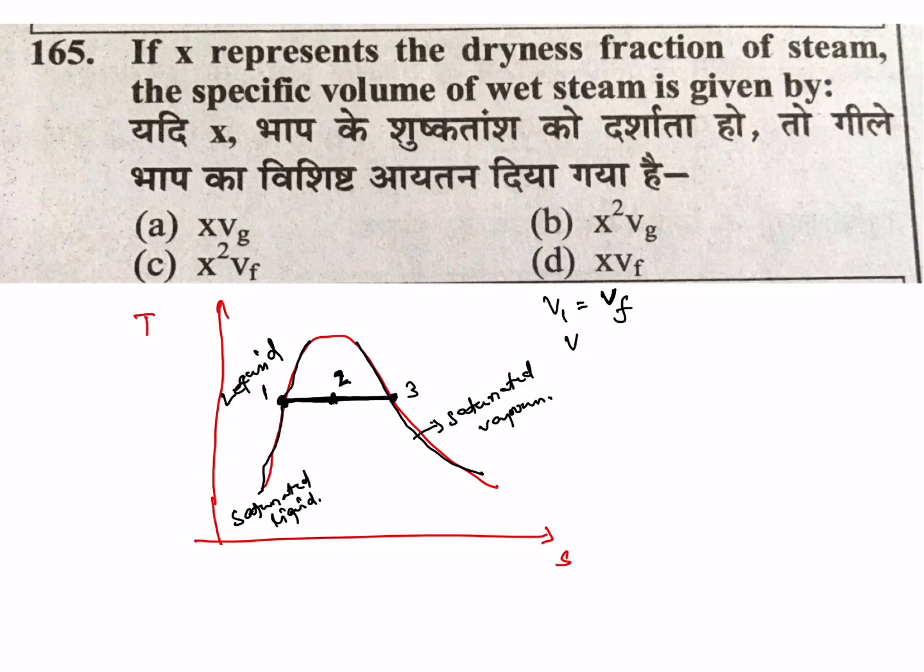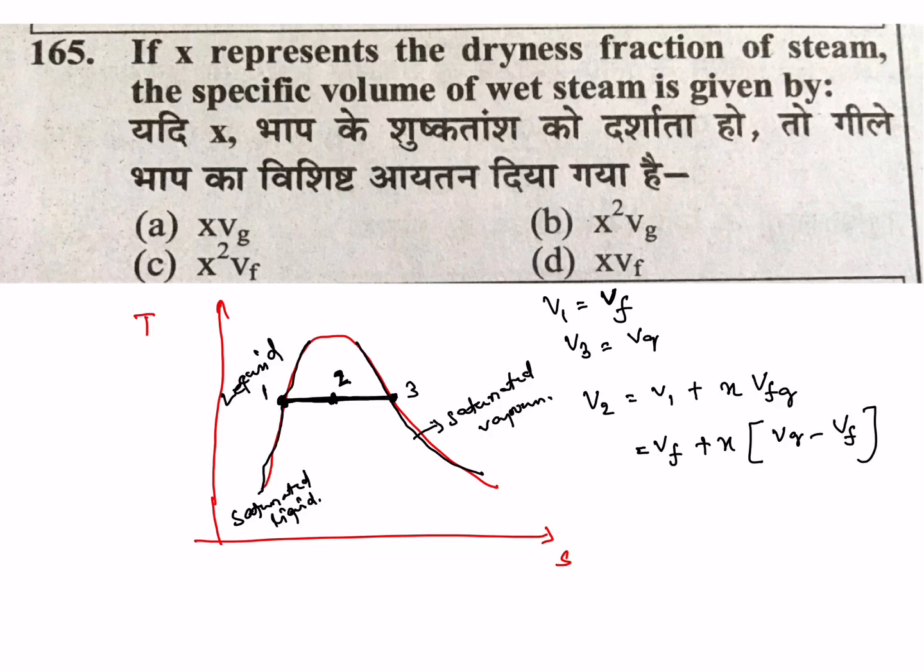V3 is saturated vapor, so V3 equal to Vg. You have to calculate the V2 value. V2 equal to Vf plus x into Vfg, where Vfg is Vg minus Vf.